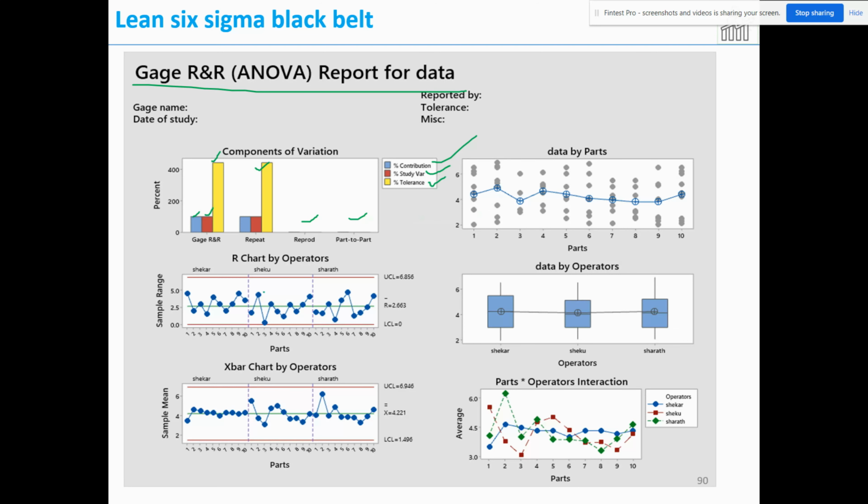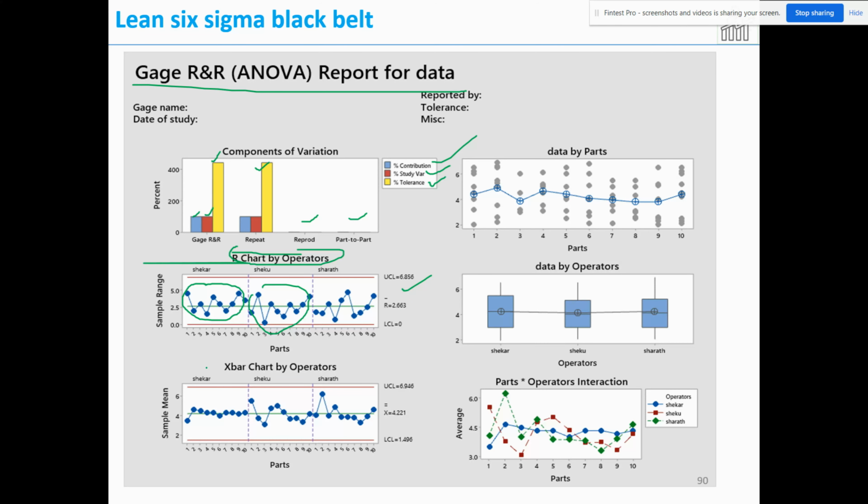Then if you come to the R chart, this is the R chart by operator. This is the pattern of the range of the data from first to second data, how the data is plotted, and there is not much of a pattern here, and the data is within the control limit because the spec is more.